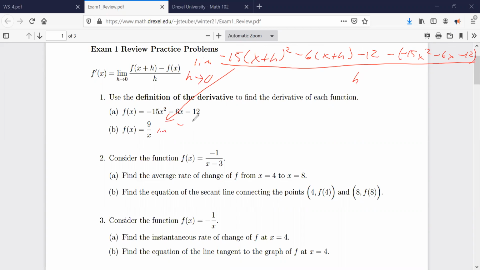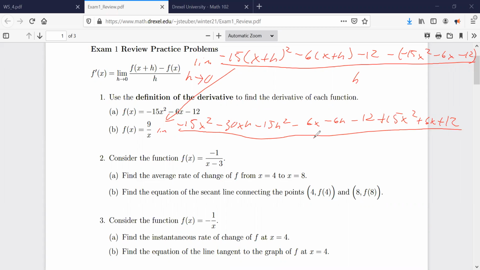Then we get 15x squared minus 30xh minus 15h squared minus 6x minus 6h minus 12. Then we get plus 15x squared plus 6x plus 12 all over h.